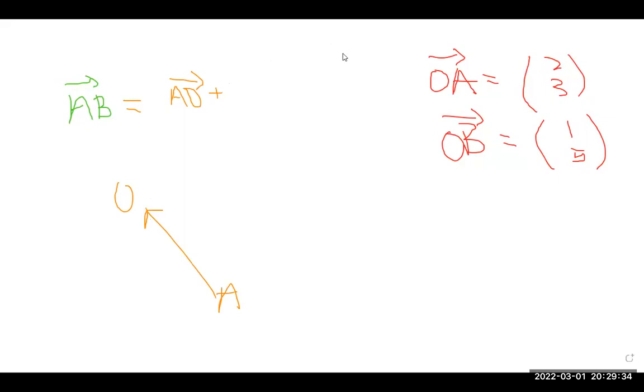So this new vector must start at O and go to whatever. In this case, it's starting at O and going to B. So vector AB is the same as saying AO plus OB. Just like this diagram. AO plus OB is the same as saying AB.